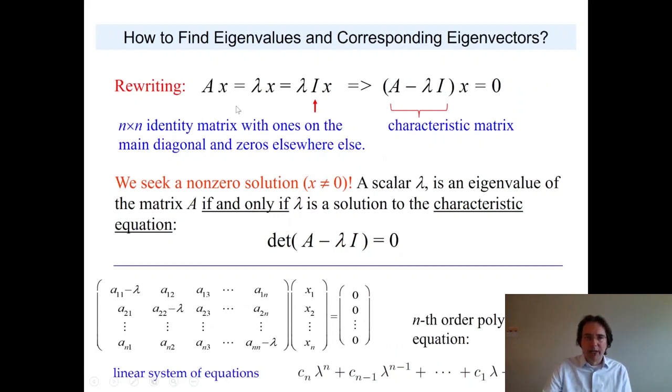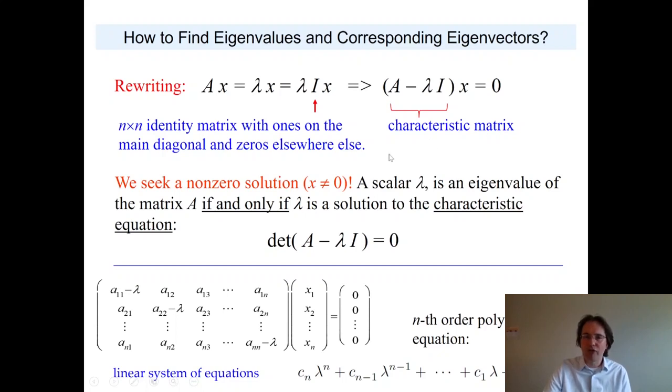Well, let's start then by rewriting our definition in the following form: lambda multiplied by I, which is the identity matrix, with 1 on the main diagonal and zeros everywhere else, multiplied by x. Putting this on the left-hand side and rearranging, we have an equation where the term here in the brackets we call the characteristic matrix.